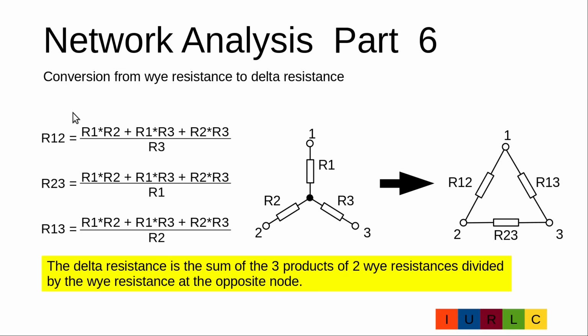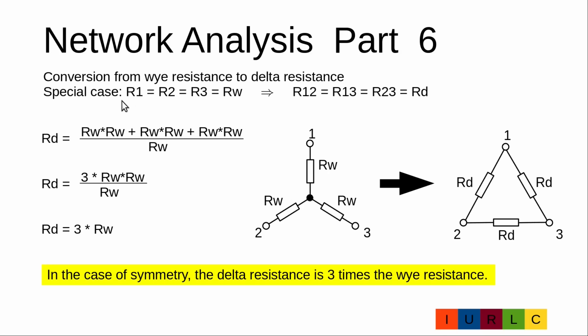Here are our three formulas to transfer Wye resistance into delta resistance. In general, we can say the delta resistance is the sum of the three products of the two Wye resistances divided by the resistance of the Wye resistor on the opposite node.